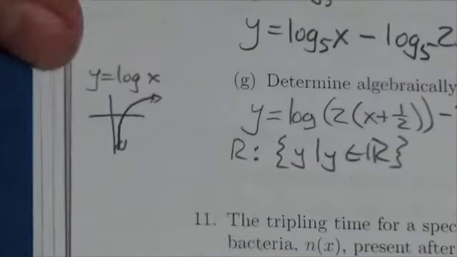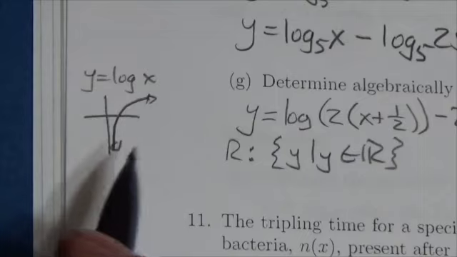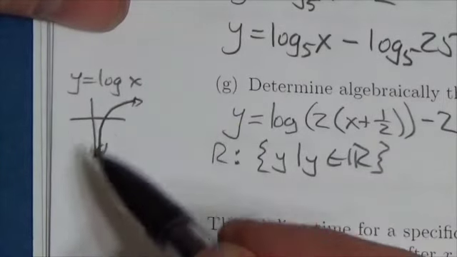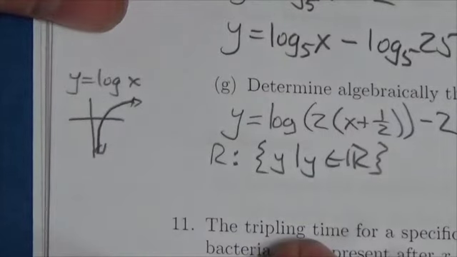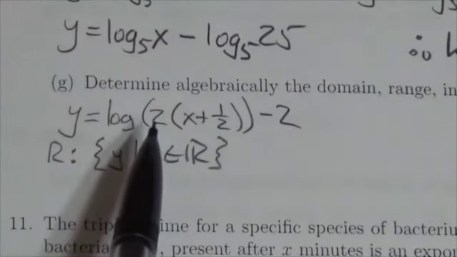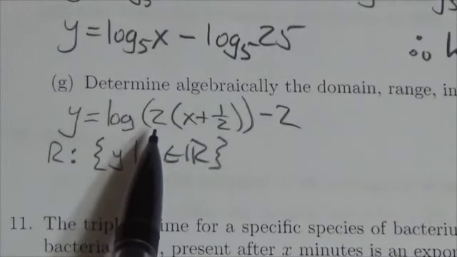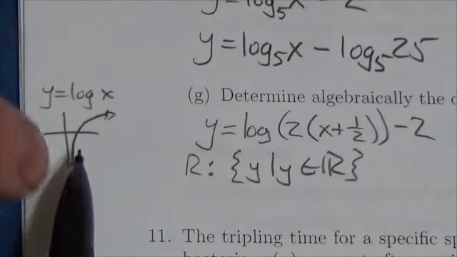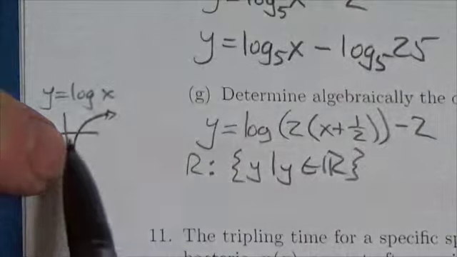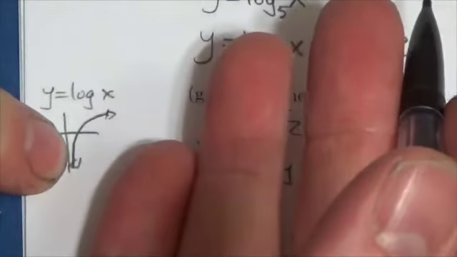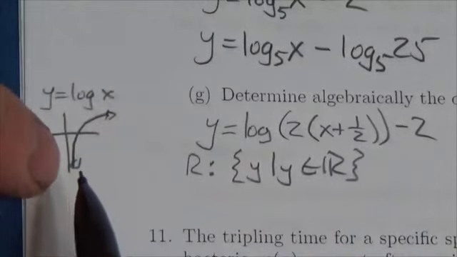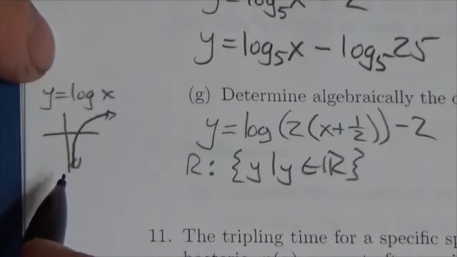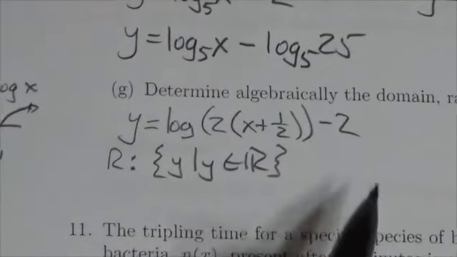Now let's talk about the domain. The domain of a logarithmic function should be x greater than 0. A horizontal stretch by a factor of 1/2 won't change that. All that happens is the graph shrinks towards the y-axis, but the domain is still greater than 0.